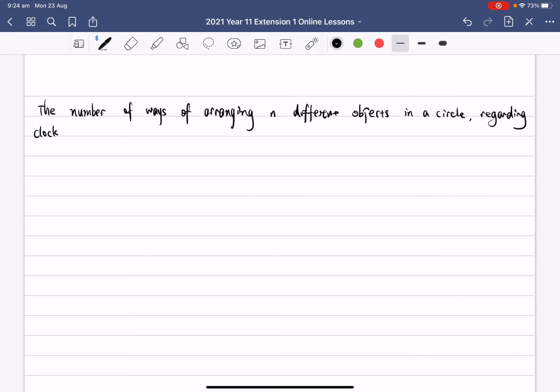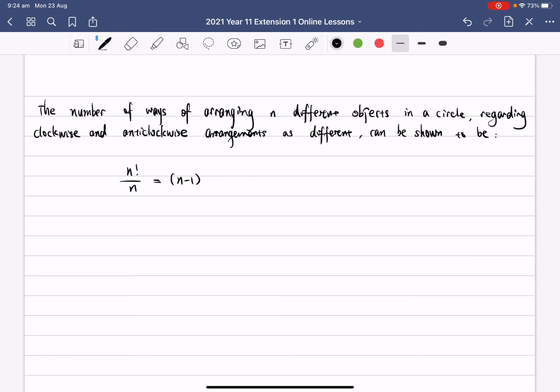Regarding clockwise and anti-clockwise direction, the arrangement is different. And then it can be shown to be n factorial over n, which also equals n minus 1 factorial.